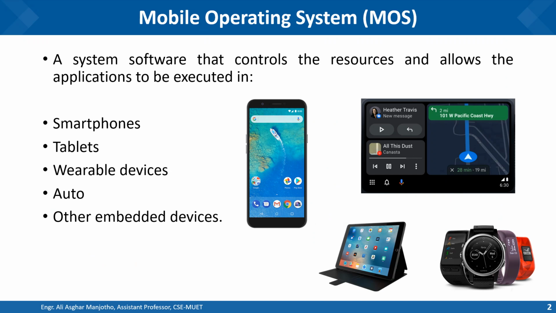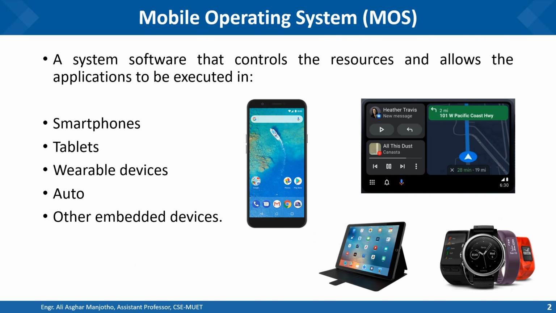The very first is to control the resources, and the second is to allow other applications to be executed within the operating system. By controlling the resources, we mean that a single hardware system, just like a PC or a smartphone or any other computing device, has a number of different hardware components, like a CPU, the RAM, and some other components. Whenever multiple applications are to be executed at the same time, those different resources are shared among those different applications.